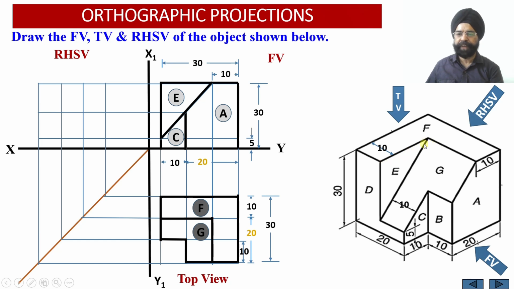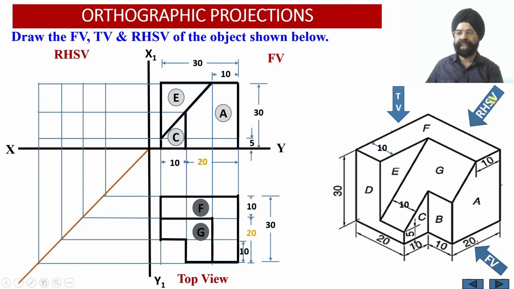Whereas surface G happened to be inclined to the horizontal plane, so in the top view we are going to obtain the apparent shape of surface G, and we can see that this surface G as obtained in the top view is much shorter than the original surface which we were able to see in the isometric projection.